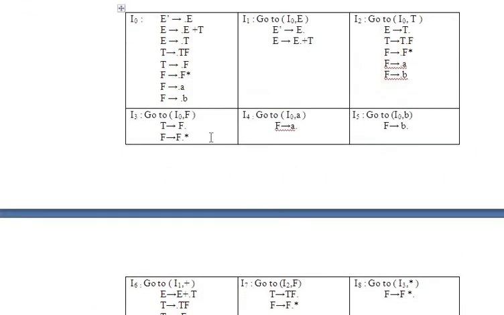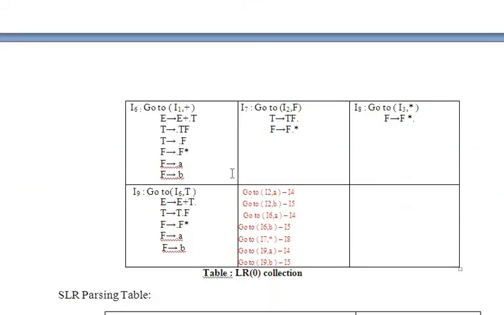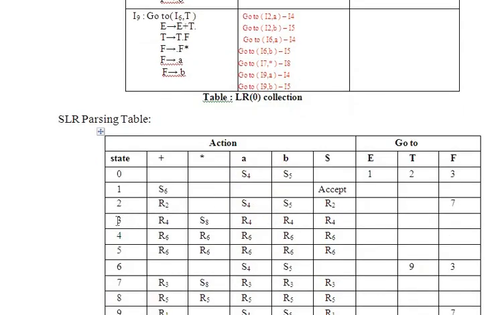Next, for the third row, there is a complete production, T gives F dot. So you have to write the reduce entry in the third row. In which column? Follow of T. Follow of T is plus, A, B and dollar.